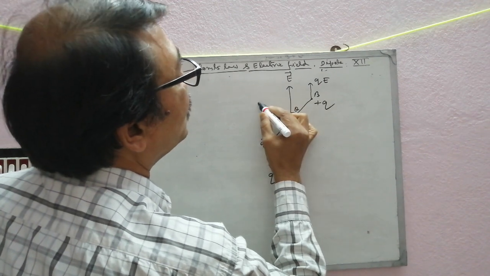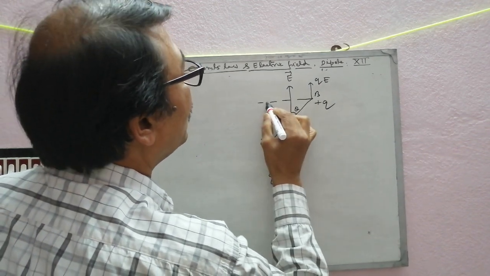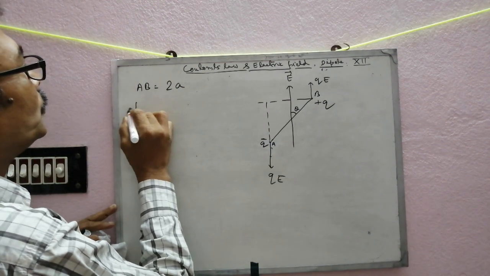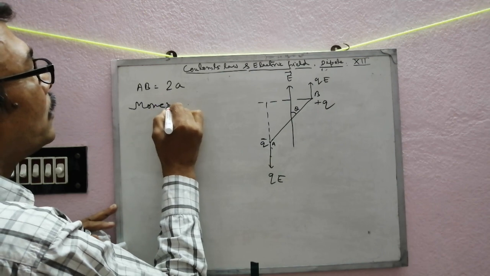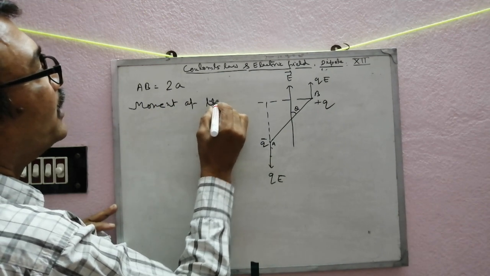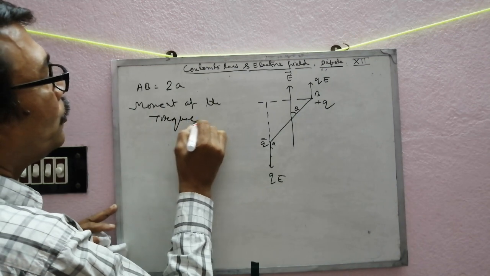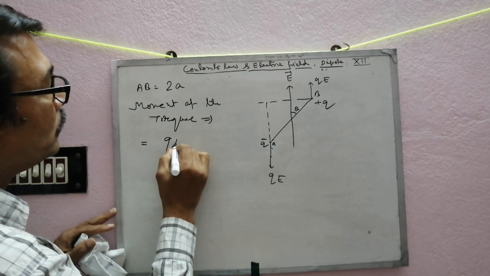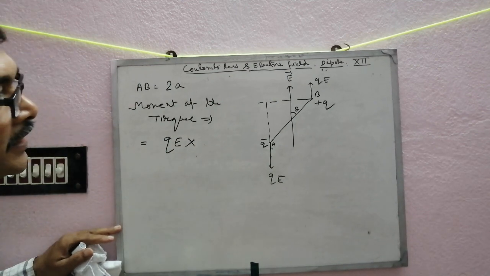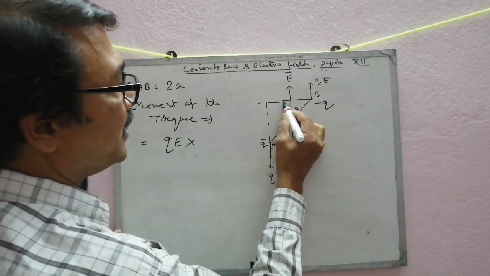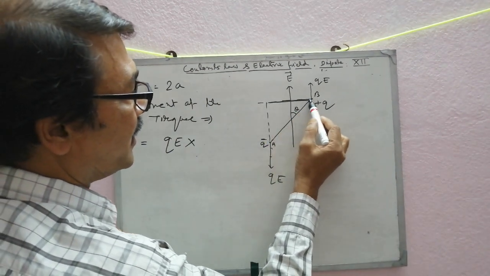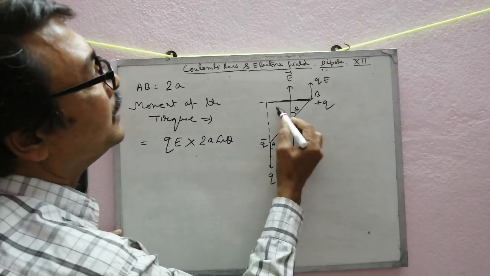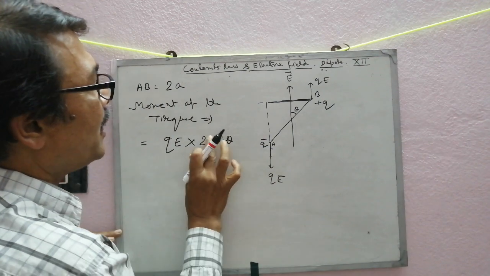The moment of the torque is any one of the forces into the distance between the two forces. This is the distance. Follow this figure. This distance is 2a sin theta.